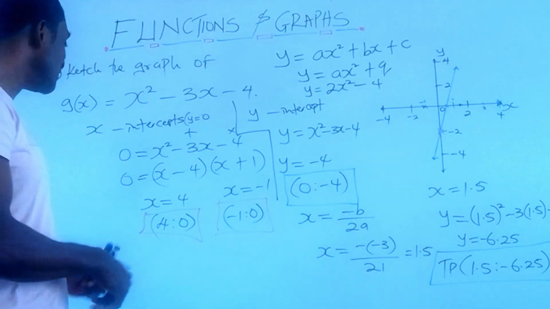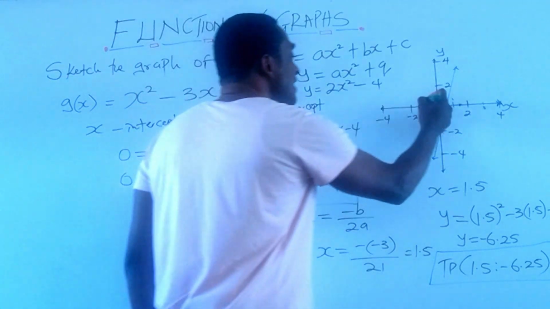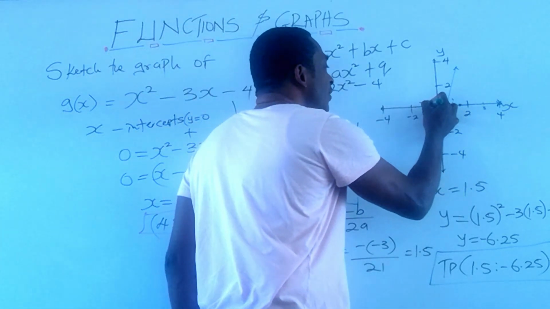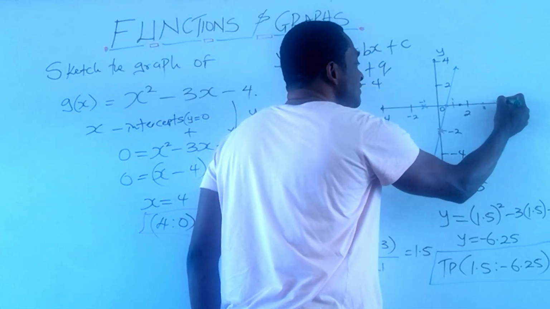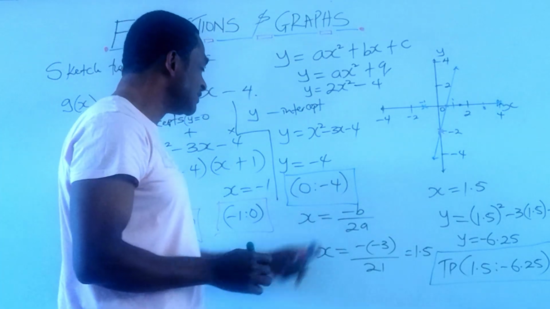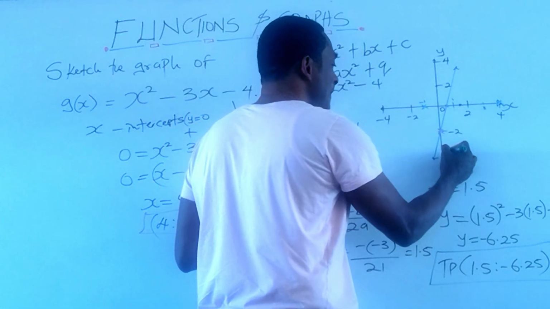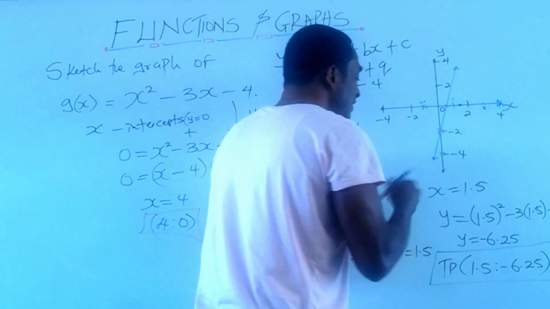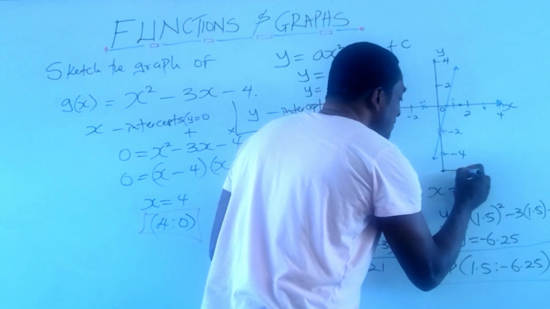Now let's look at this. I have negative 1 as my first point, and I have 4. So plot your x-intercepts. My y-intercept here is 0 and negative 4. Let's extend this, going down to negative 6.